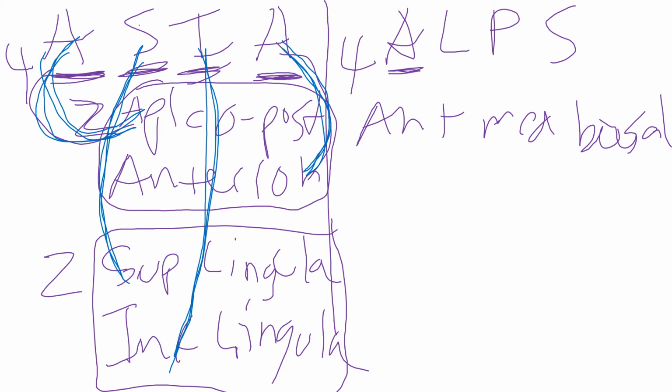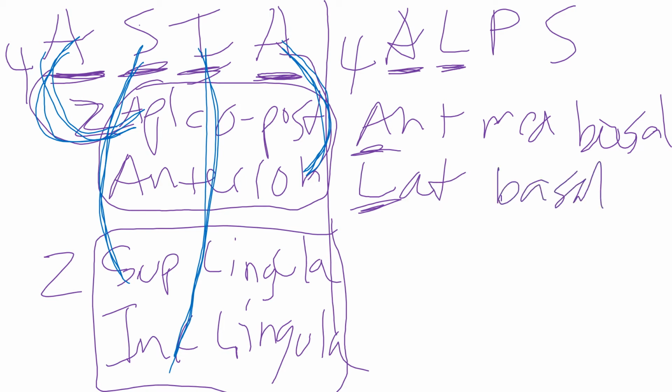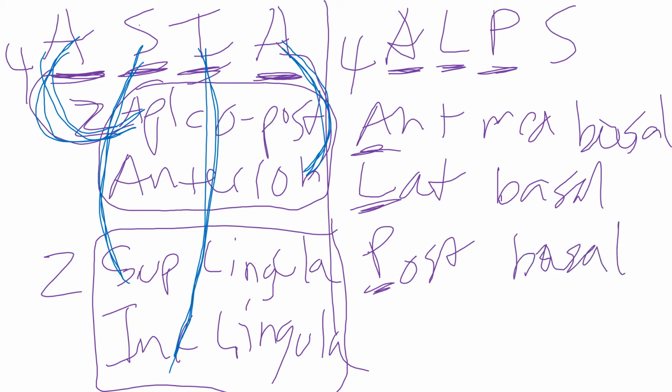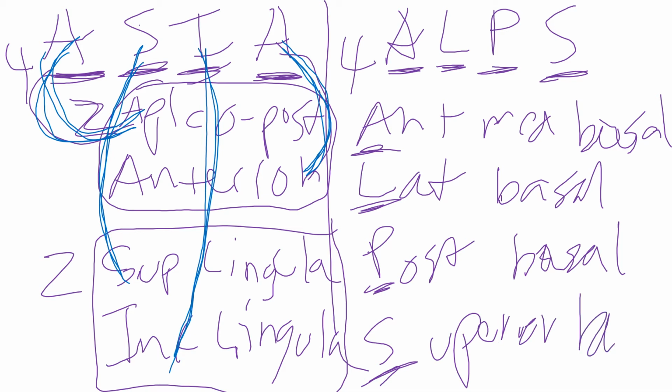The next one, and these go in order on this one, L, which would be your lateral basal. Because it's in the lower lobe, it ends with basal. It gives it that last name. The next one is P, so that is your posterior basal. And then finally, your superior basal.